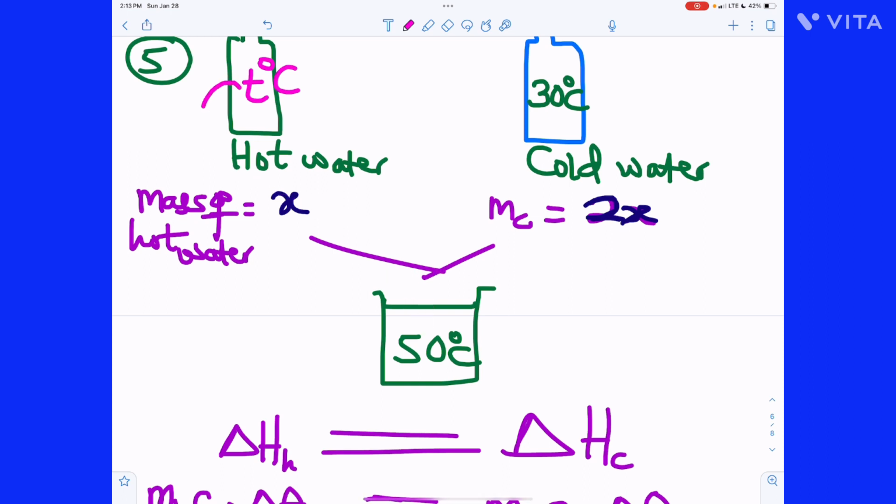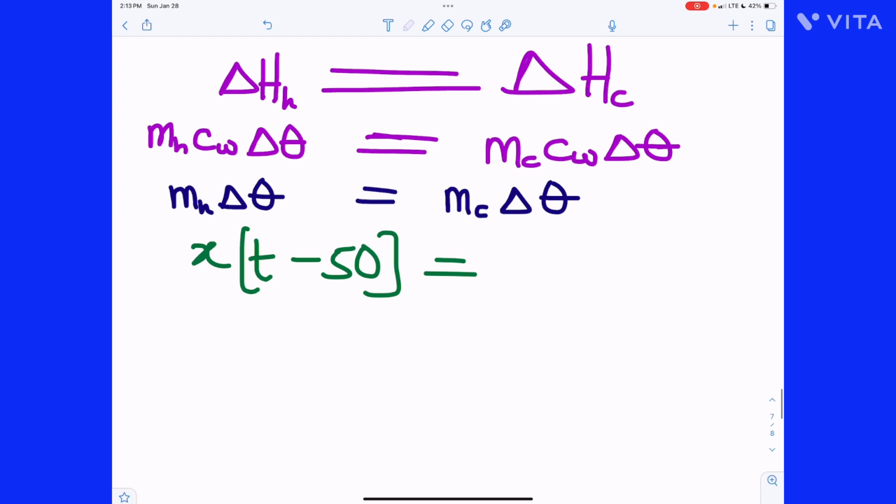Hot water will continue to lose heat in the mixture until it gets to 50 degrees Celsius. Cold water also will continue to gain heat in the mixture until it gets to 50 degrees Celsius. When both samples get to the same temperature, heat flow will stop because there's no temperature gradient. Heat flows in the direction of temperature gradient.